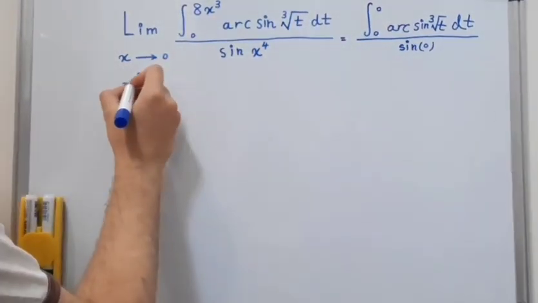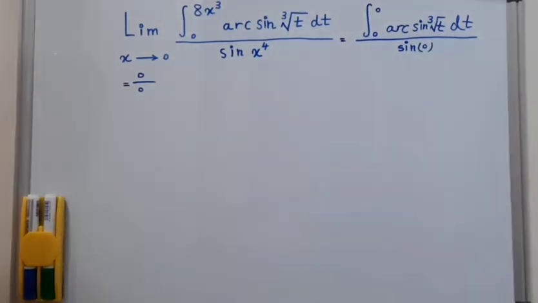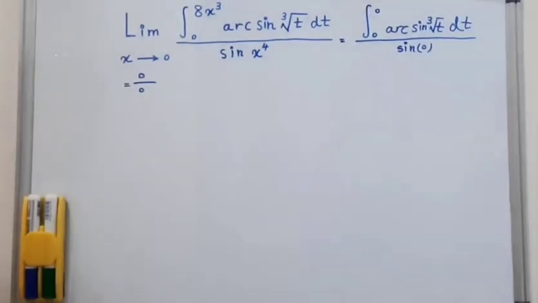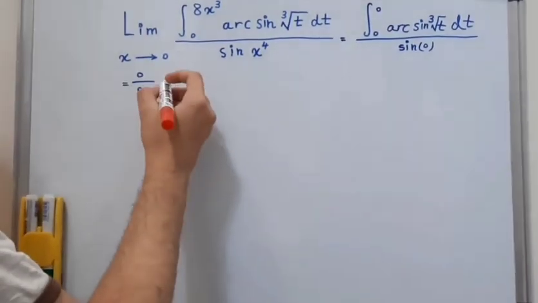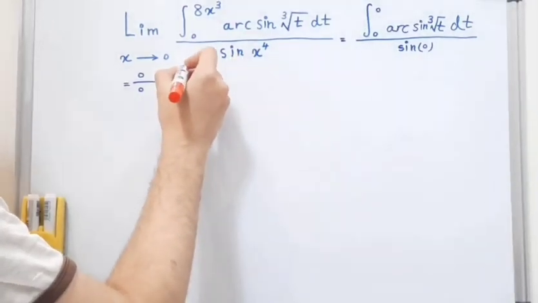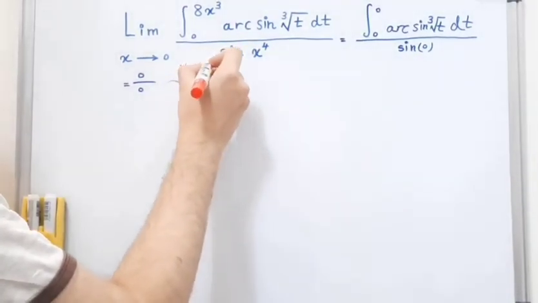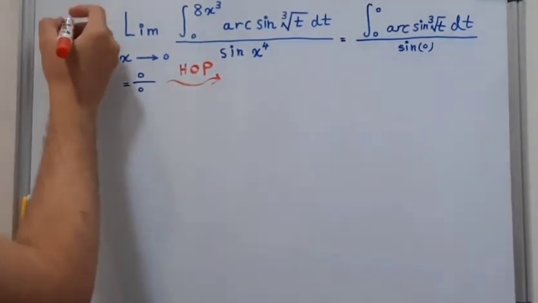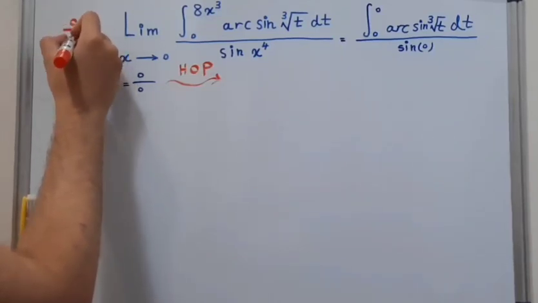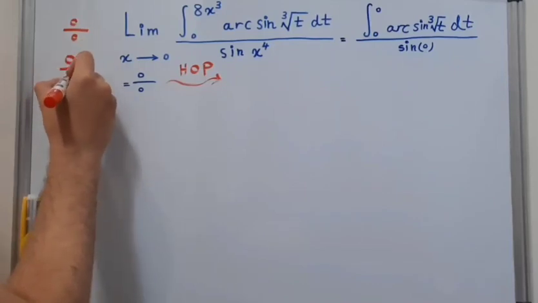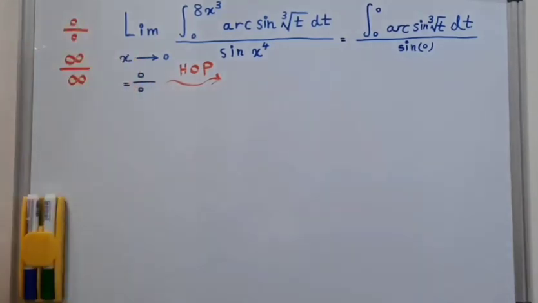So we reach 0 over 0, which is not defined. So we can use L'Hopital's method, and L'Hopital's method is just for 0 over 0 or infinite over infinite.